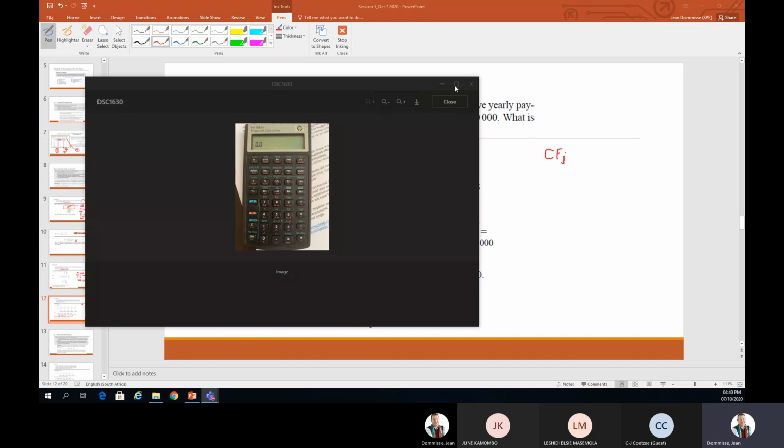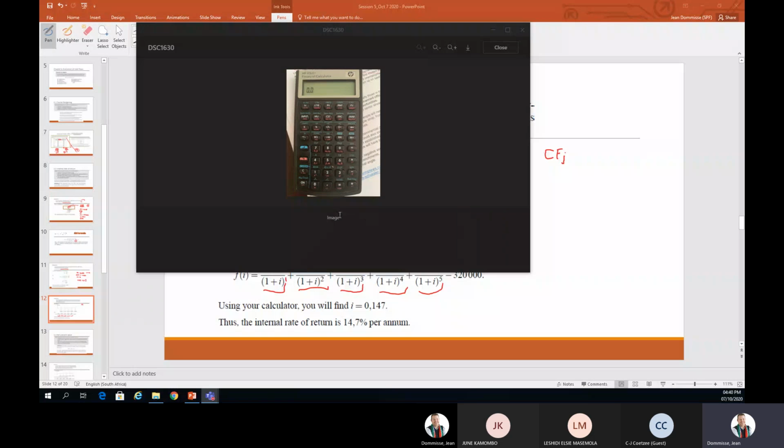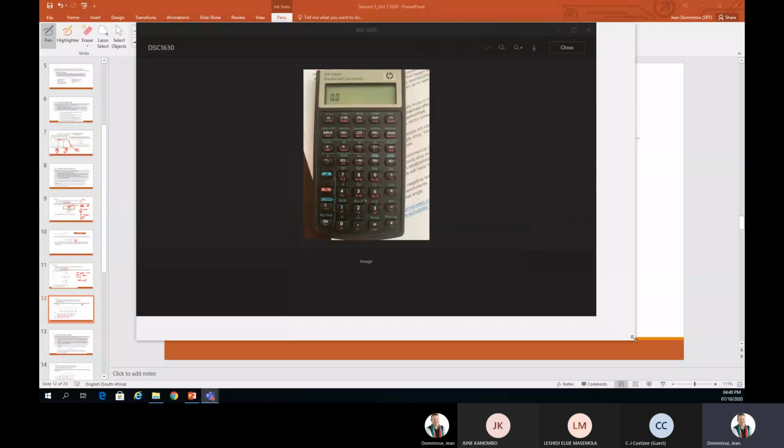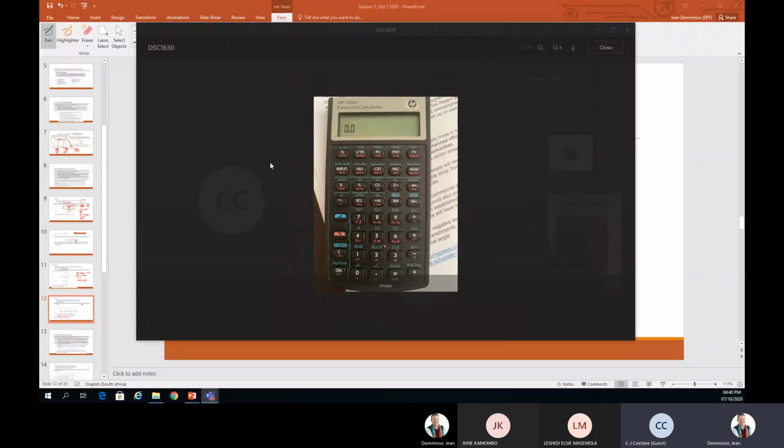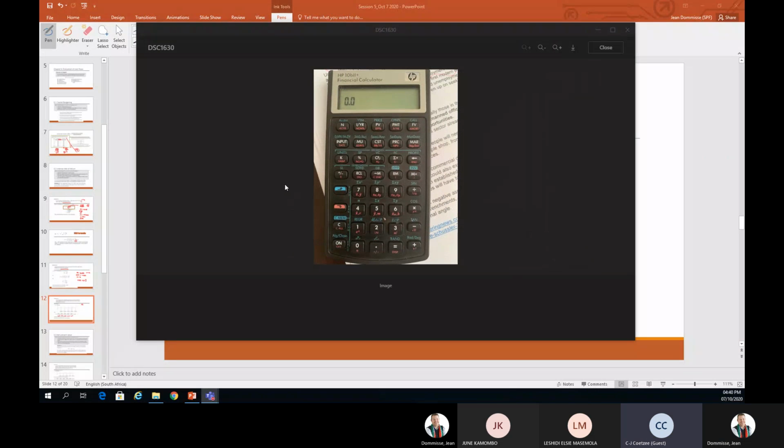Okay, can you guys see the image of a calculator now? I can see the images. Okay. So in this function, the CFJ function, there's the NPV function as extra, there's an IRR function.